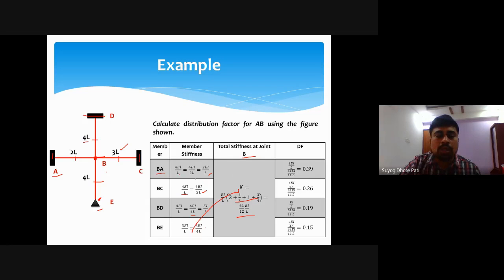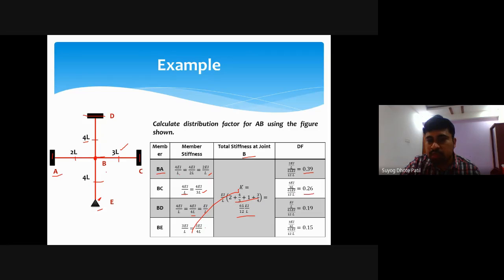Now, calculation of distribution factor. The distribution factor is this particular member stiffness, KBA, divided by the total stiffness, capital K. So 2EI by L divided by 61/12 EI by L gives 0.39.